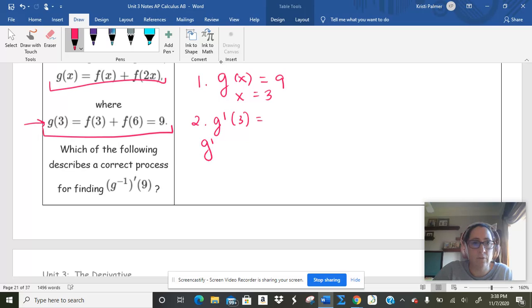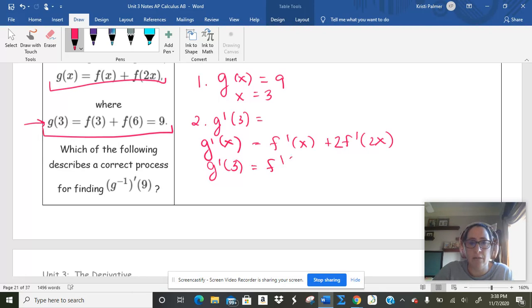So I'm going to take the derivative of g, and g was up here. So that's f prime of x plus, oh, I've got a chain rule, derivative of the outside, leave the inside alone, times the derivative of the inside. So the g prime of 3 is f prime of 3 plus 2 times f prime of 6 now.